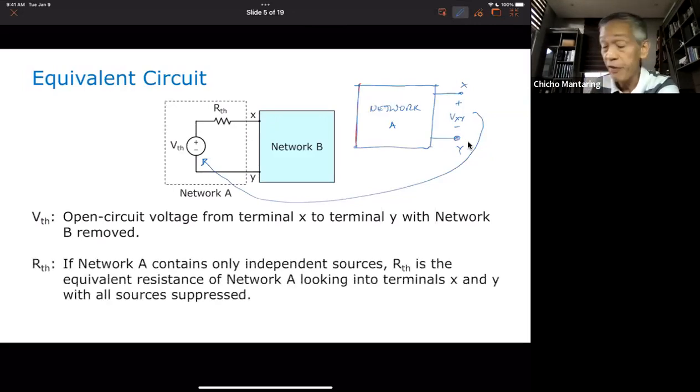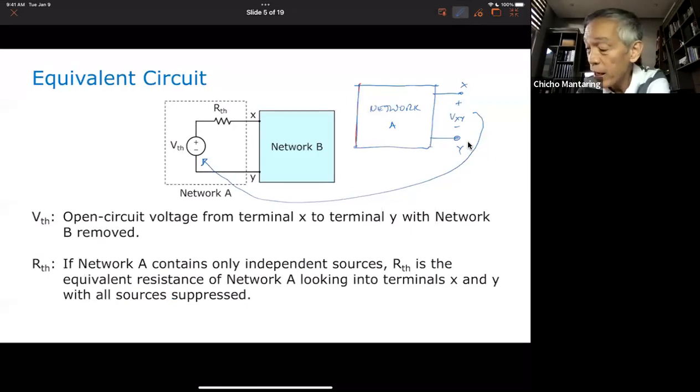Okay, what about the Thevenin resistance? Let's consider only networks for the meantime that have only independent sources.